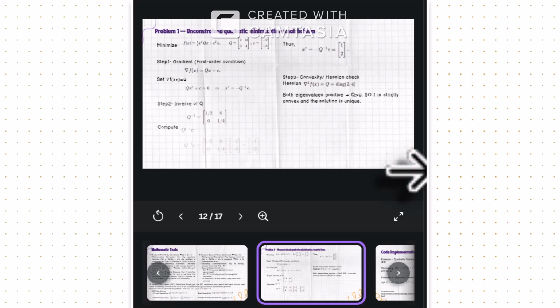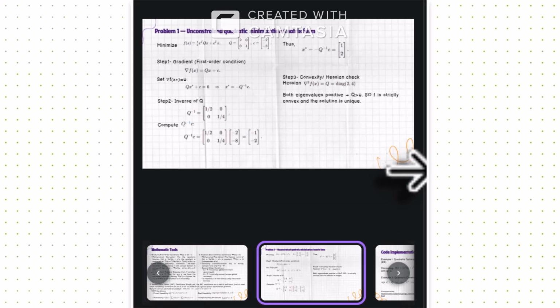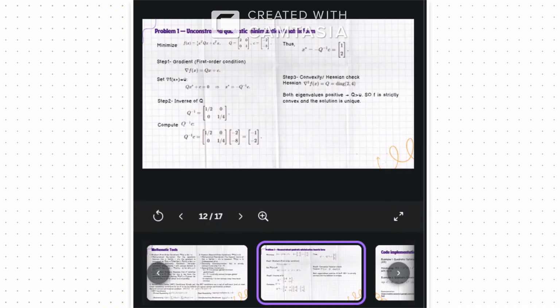So here's a solution done for a simple problem of unconstrained quadratic minimization. A quadratic function is taken where x is the variable vector, Q is a symmetric matrix, and c is a vector. The goal is to find x* that minimizes f(x).